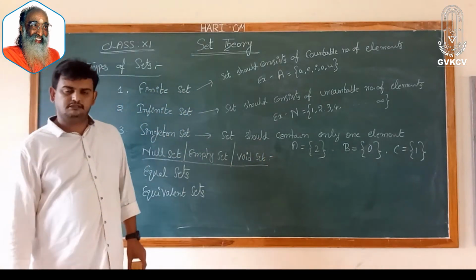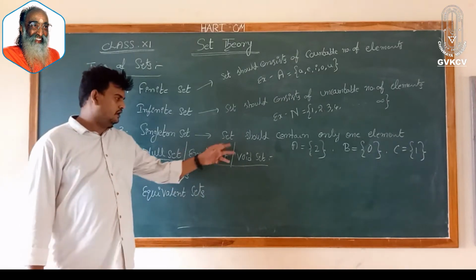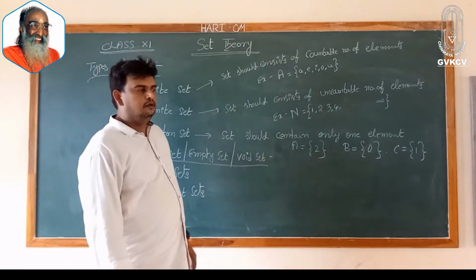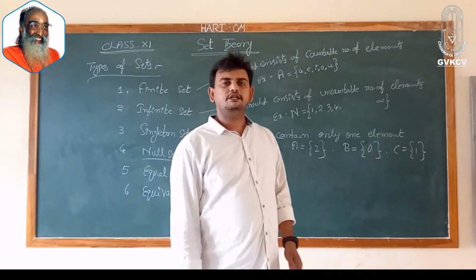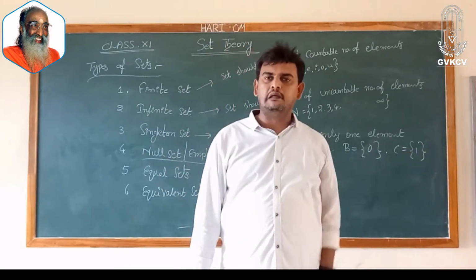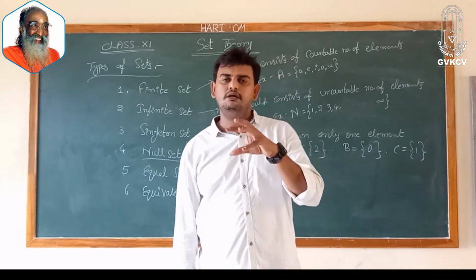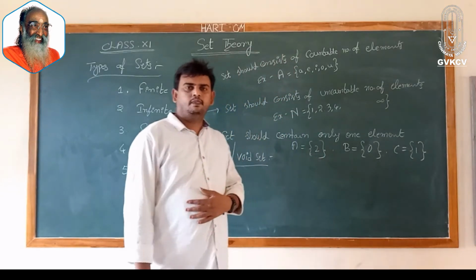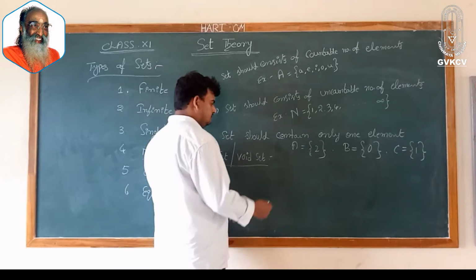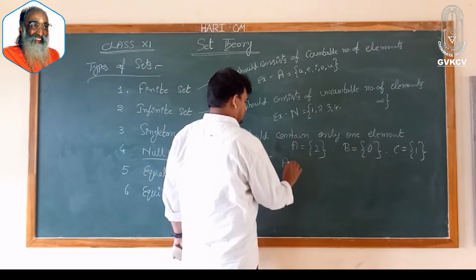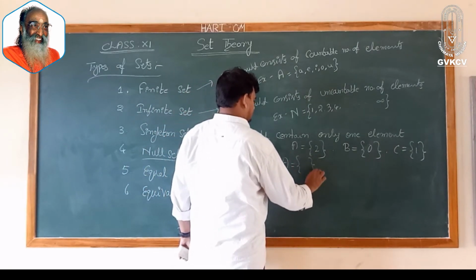These are the three names: null set, empty set or void set. The set should not contain any element. No elements in the set.